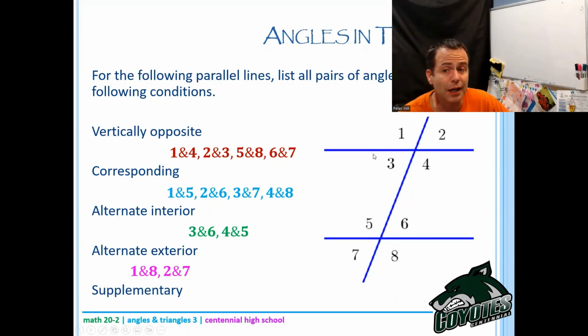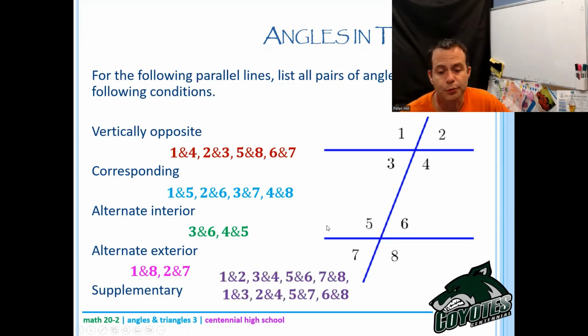I've also got 3 and 5, and 4 and 6 would also be supplementary. Okay. So those would be all the ones I would want you to see right away. I neglected to say 3 and 5 and 4 and 6, so let's go 3 and 5 and 4 and 6 there as well.